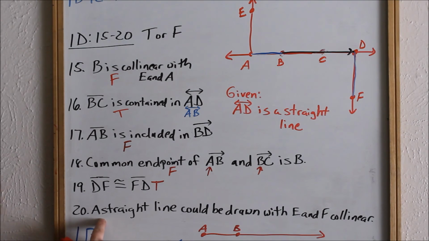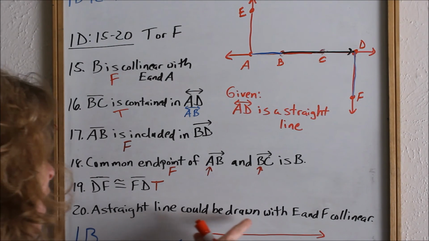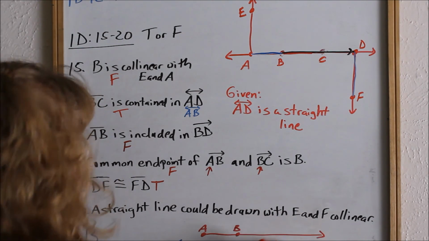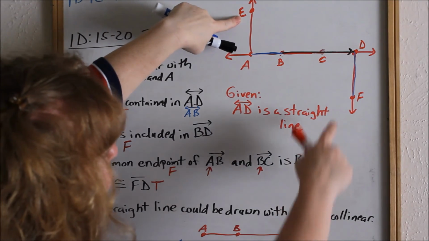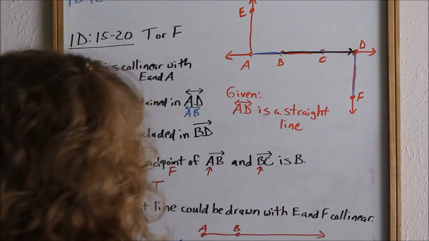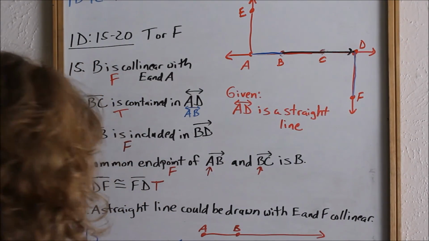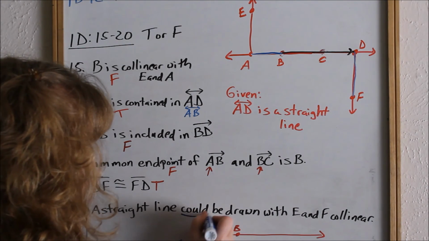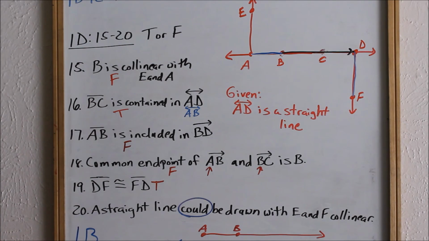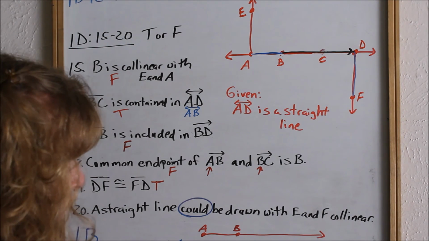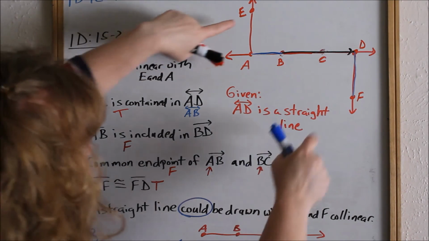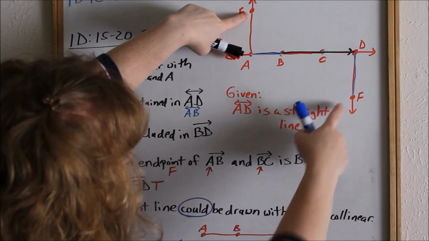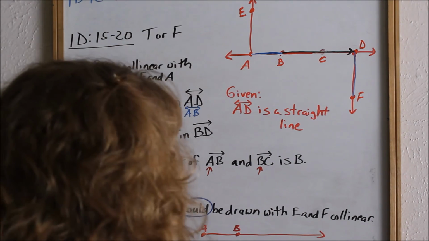Looking at number 20, a straight line could be drawn with E and F collinear. Here's E and here's F. The kicker word, and you have to watch this a lot in geometry, are words like this. Could. A straight line could be drawn with E and F collinear. There is not one drawn, but could there be? Yes, there could.